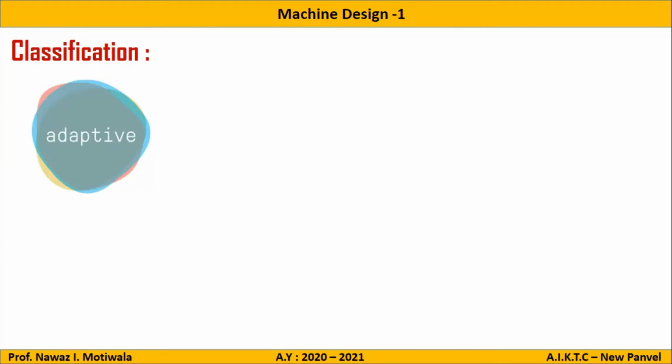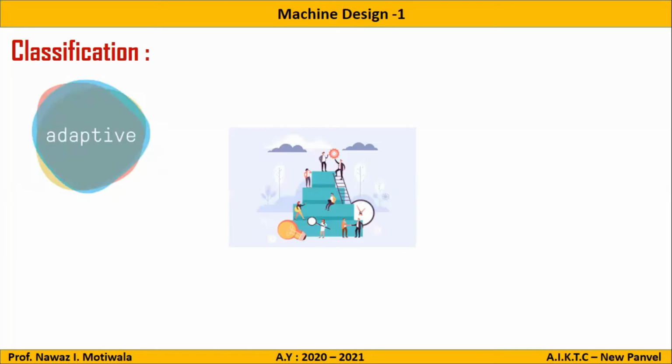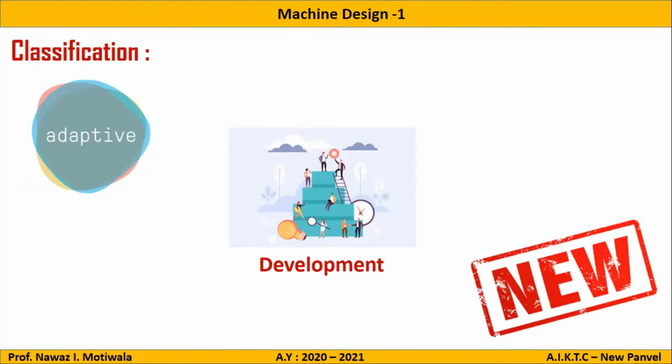I will come to it later, but first I will show the three different types of classification of machine design, and then I will give you a simple example to understand it better. The first one is adaptive design, the second is development design, and the third is new design. So machine design has been classified into three categories.